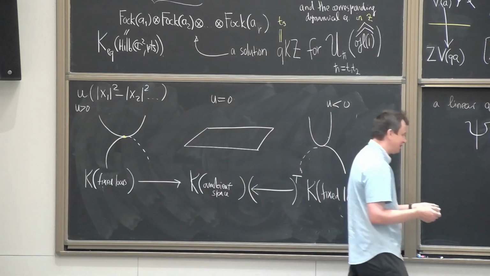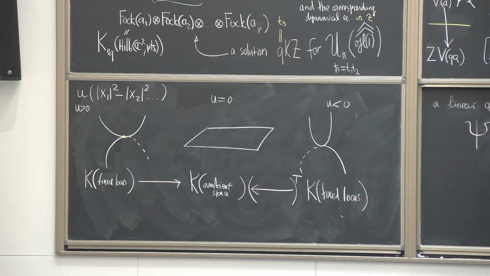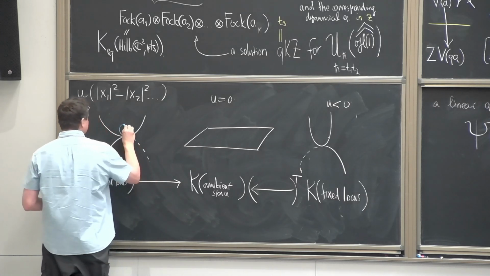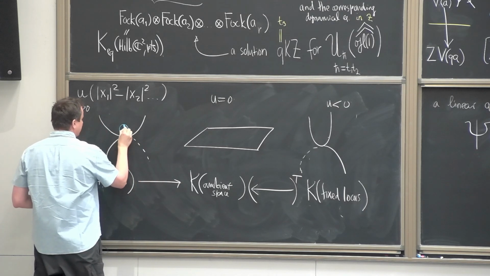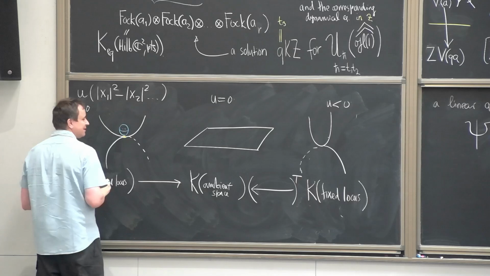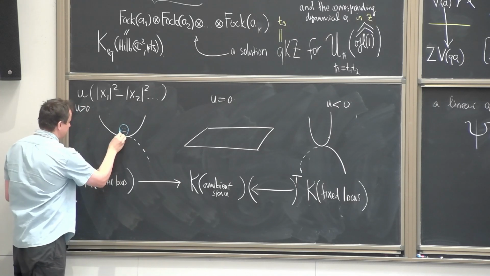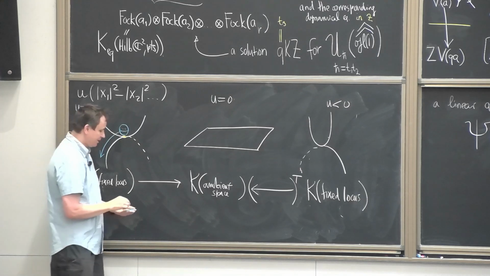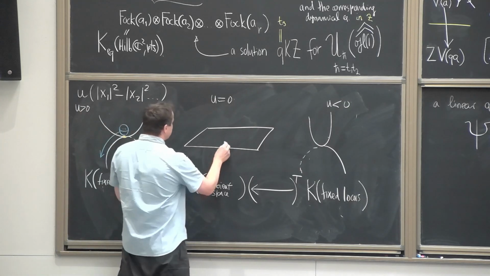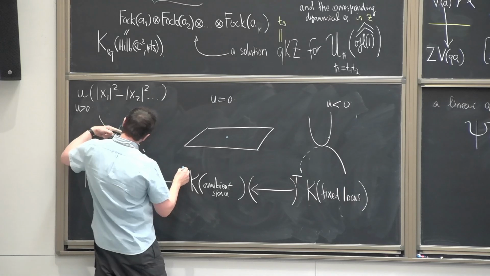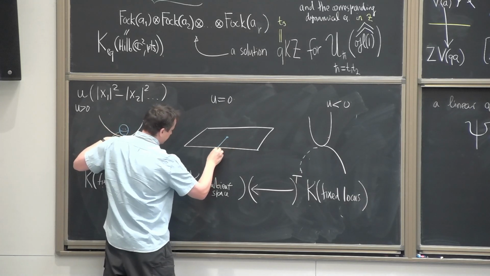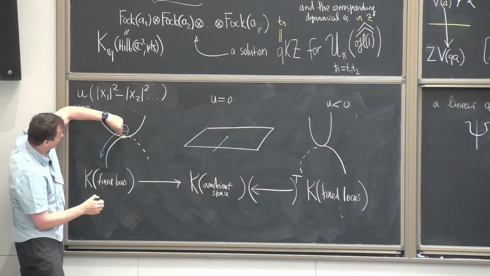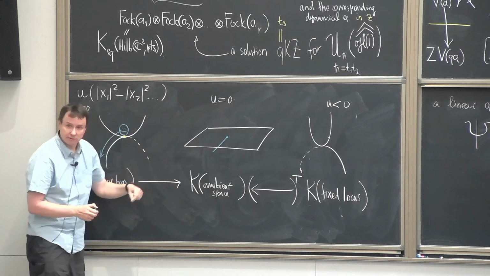If you're in this equilibrium position, maybe you have a ball sitting here. Of course, this ball can roll down. And so you should think of this map: what's it going to look like? It's going to map the point here to all points where it can roll down.